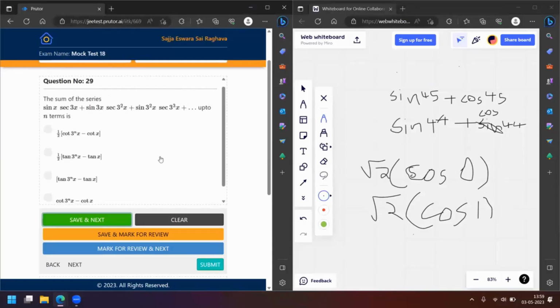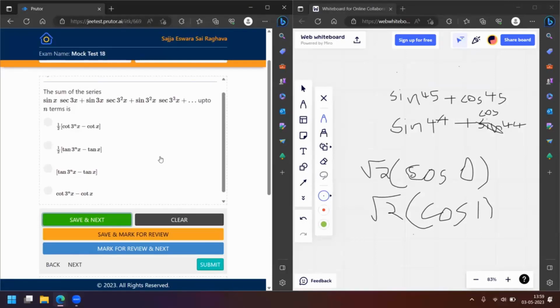The sum of the series sin x, sin 3. Okay, this type of questions, you can just substitute value of x and n to find out. Like we can take some x equal to 60, whose multiples will be easy to find.